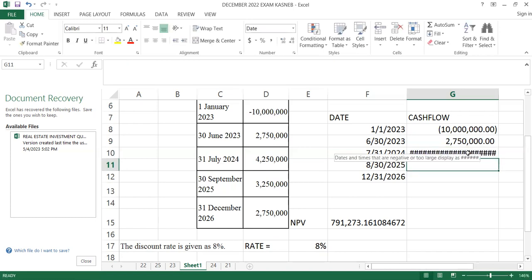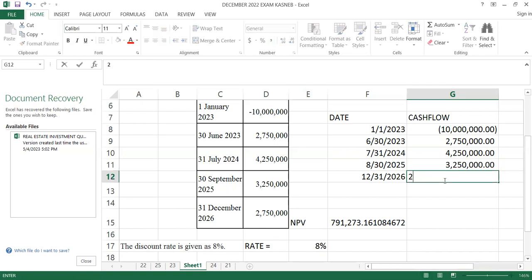Enter. Next is 3,250,000. Enter. Lastly, we have 2,750,000.